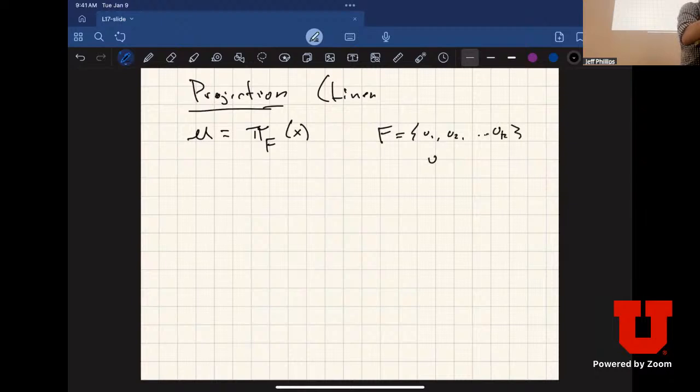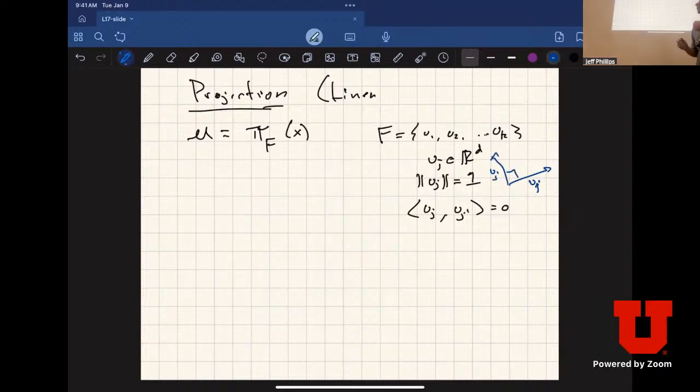Each uj is going to be in R^d, a d-dimensional vector. Each uj is going to have norm one, so it's a unit vector, and I'm going to have that uj dot uj' is equal to 0. This is going to imply that uj and uj' are orthogonal to each other.